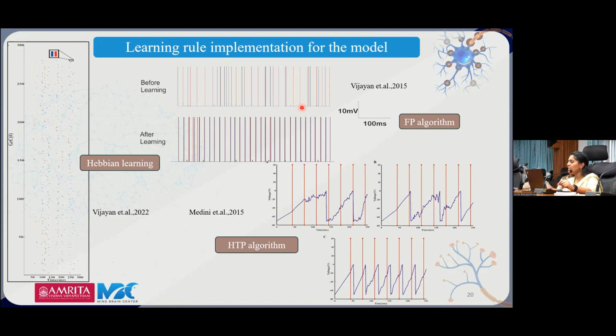For the finite precision, the spike timings depended on the first spike that occurred, and based on that it adjusts the pre-spikes and the post-spikes. Whereas in the case of HTP, based on the number of iterations, it trains itself to come up to a similar kind of behavior as observed in the studies.